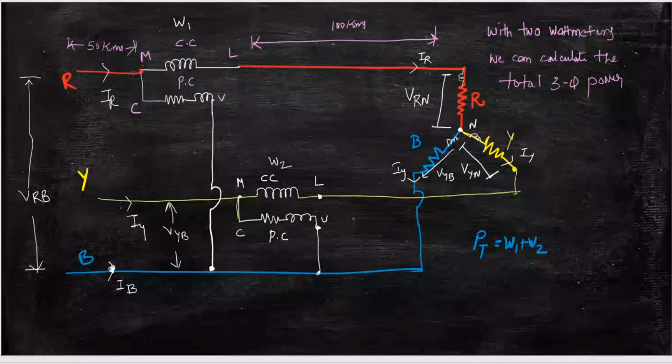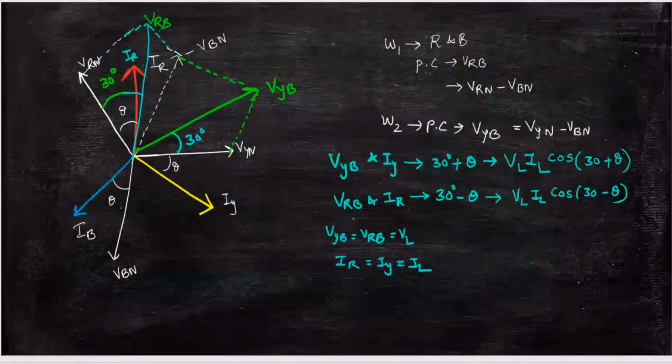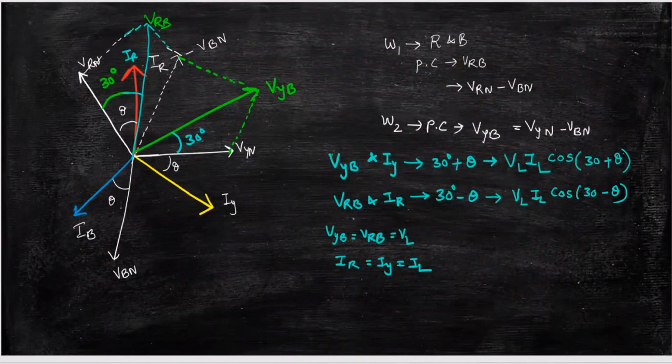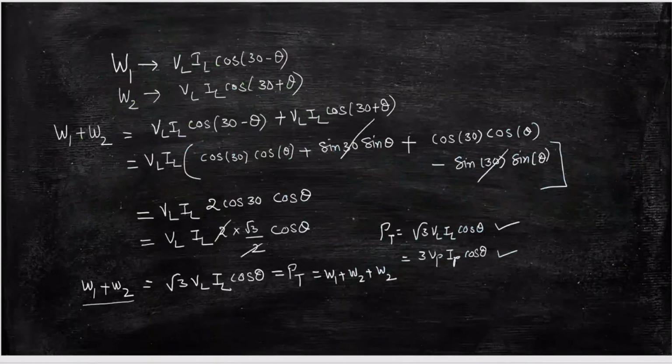By doing so, we drew the pictorial representation of the angle between IR and VRB and IY and VYB, and with that we have derived two expressions for W1 and W2. Okay, and we added W1 and W2 and got the total power in a 3-phase.